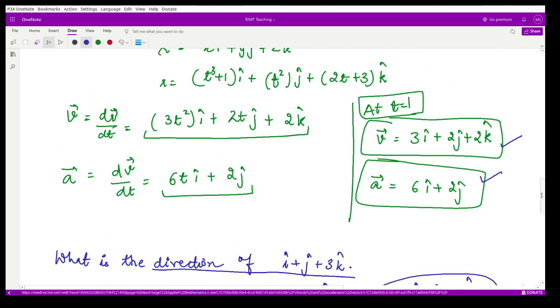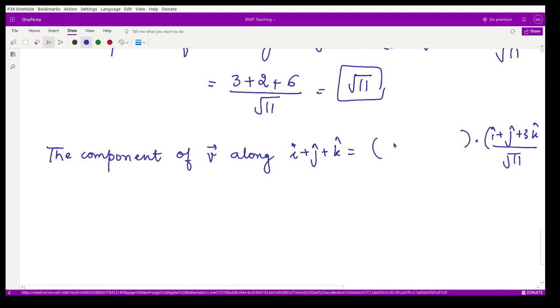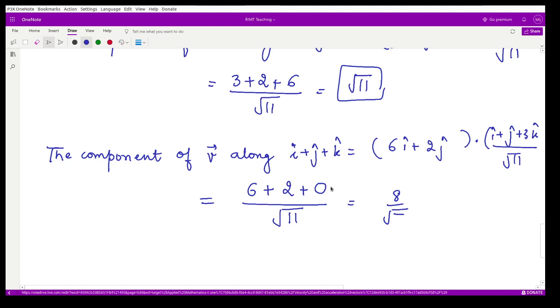This is 6i cap plus 2j cap. When you compute this dot product, 6 into 1 comes out to be 6, 2 into 1 comes out to be 2, and 0 into 3 comes out to be 0, divided by square root 11. So this comes out to be 8 divided by square root 11. This is the component of acceleration in the direction of the given vector I cap plus j cap plus 3k cap.